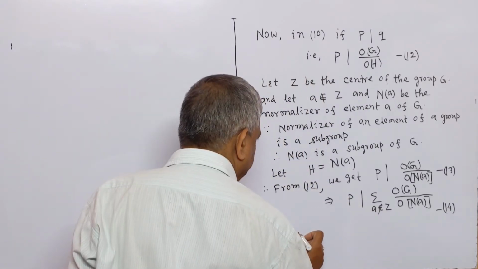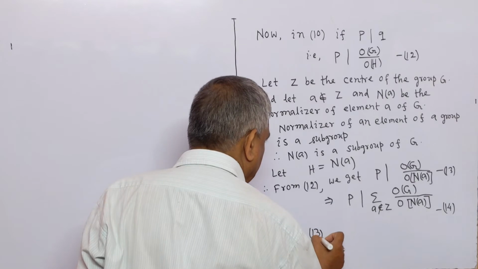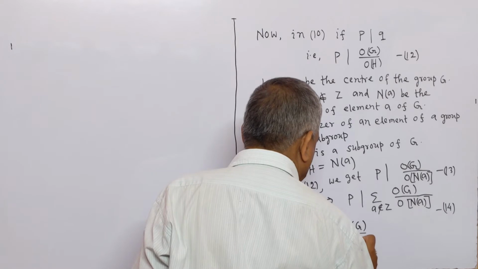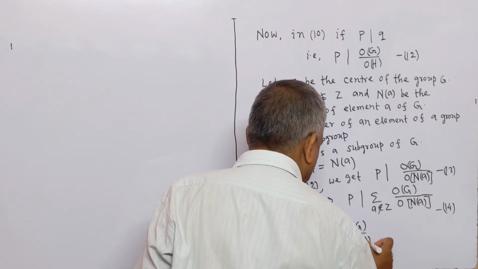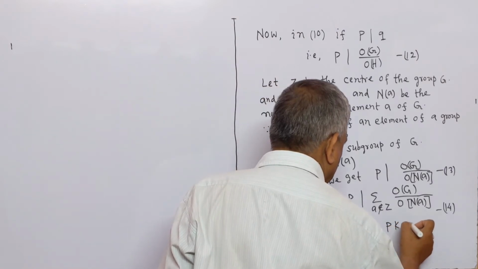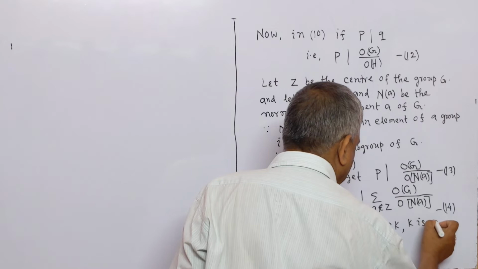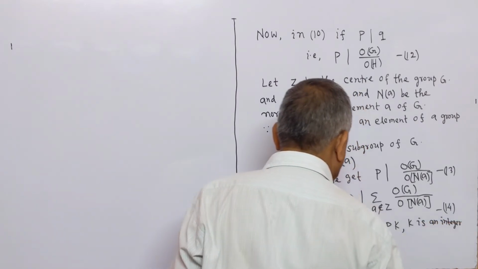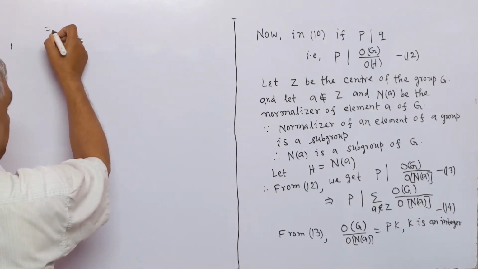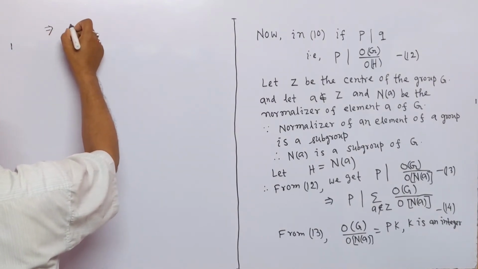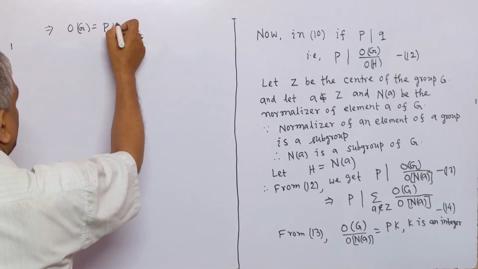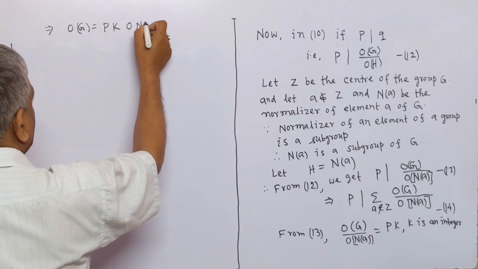From 13, order of G by order of NA equals Pk, k is an integer, which implies that order of G equals Pk times order of NA.